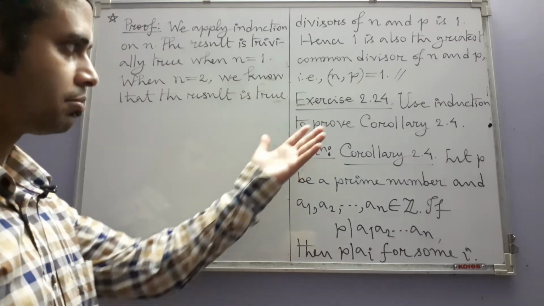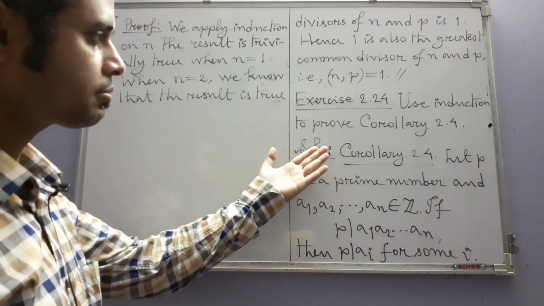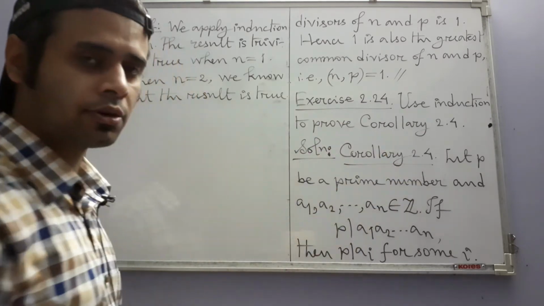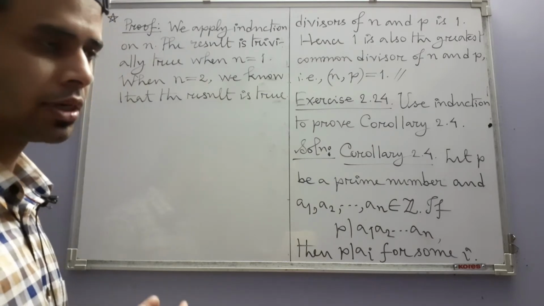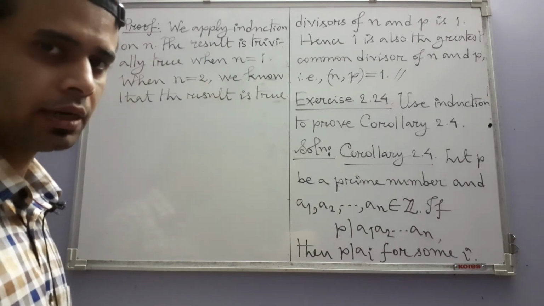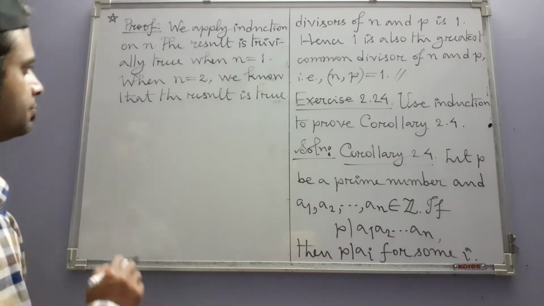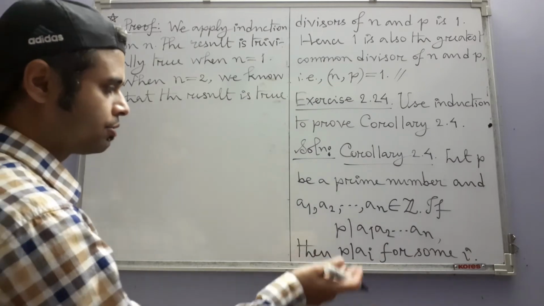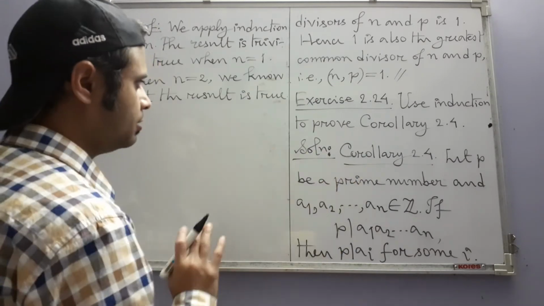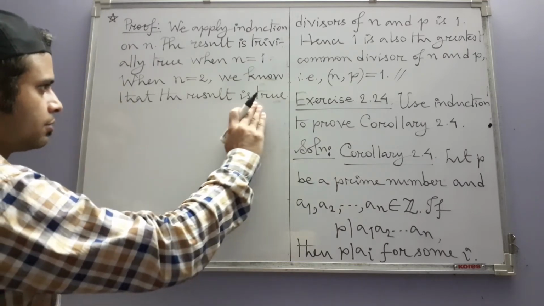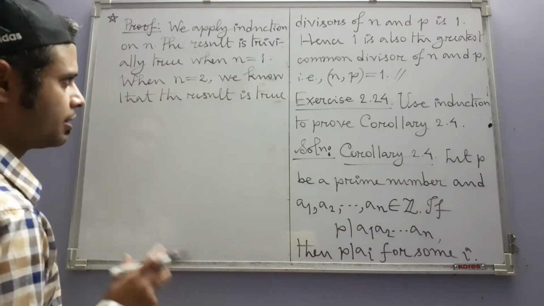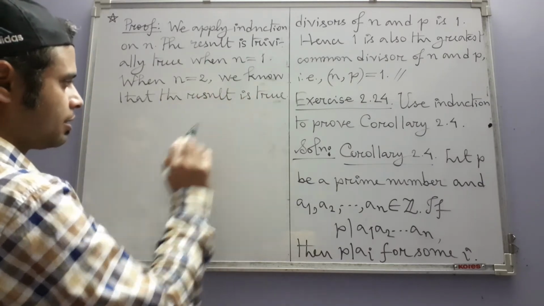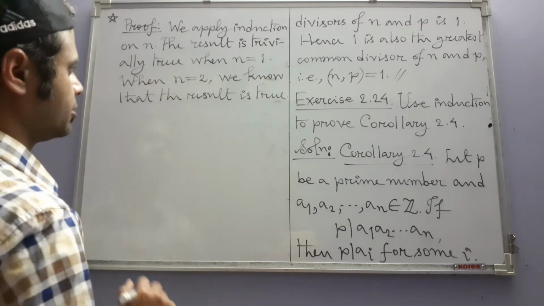Actually, this is coming from that result, which is a lemma or theorem, I don't remember, to which this is a corollary. That two case where p divides ab, then p has to divide either a or b or both. Because I have forgotten to write it here, we will have to write something a little vague. You write the actual result. We know that the result is true because of that theorem or that corollary.